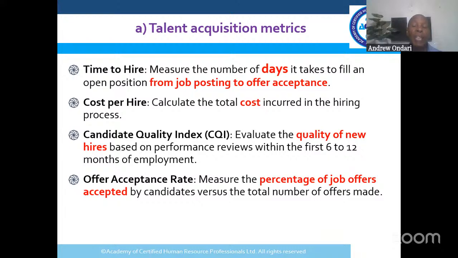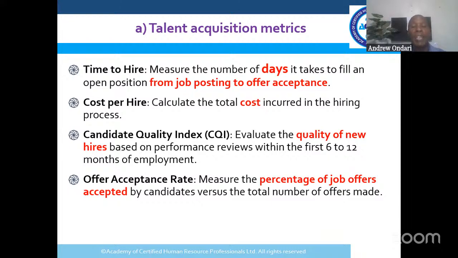Taking a long time is not healthy for an organization. Why? Because it reflects negatively on the organization, because you are taking too long to hire a person, especially those that you have contacted to attend an interview. Two, it will affect our levels of productivity and even revenue, because there is a vacant position that has not been filled.